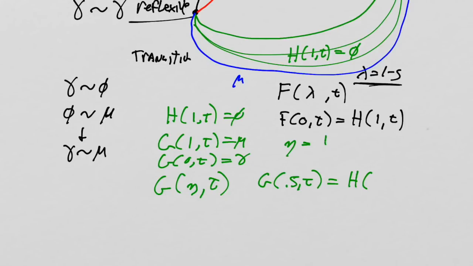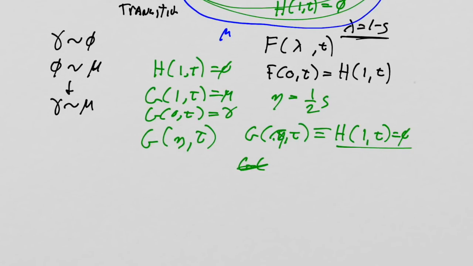Eta will be 1/2 S, right? So when S is 1, you're at H1 of t, which is phi, but eta will only be 1/2. So G of 0.5 t is going to equal H1 of t, which is phi, and then after that, for numbers larger than 0.5, the way we write it is like this.